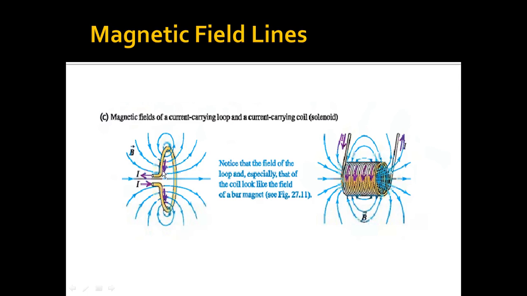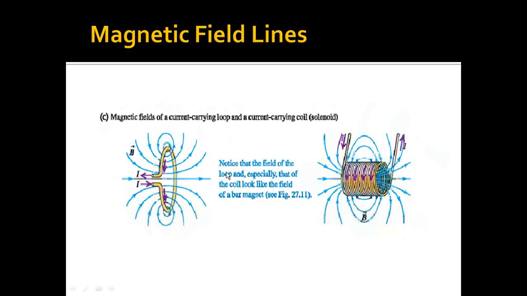So for example, if this is the direction of the current and you apply the right hand rule here, you will be doing the grabbing motion towards this direction, pointing your thumb towards the direction of the current. The direction of the curl of the fingers would point towards the direction of the magnetic field around the current carrying conductor.